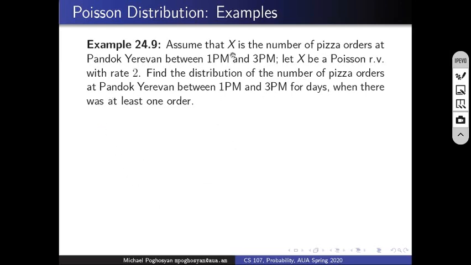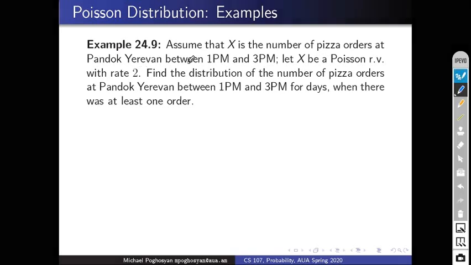Now assume that X is the number of pizza orders at Pandok Yerevan between 1 p.m. and 3 p.m. Hope this is a rare event. This is a rare event, so we can model that by a Poisson distribution. So X is a Poisson random variable with rate 2.